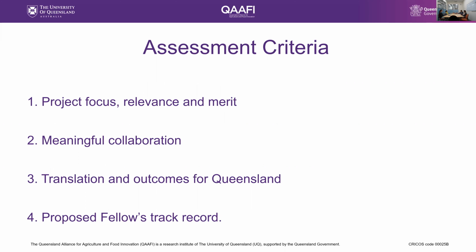That's really good insight. The next part is the proposed fellow's track record. We know that sometimes it is not possible for PhD students to get too many publications out of their PhD. Also, some of the PhD students that we are currently seeing from our lab are mostly working on industry funded projects where there is no possibility of getting any publications in some cases.